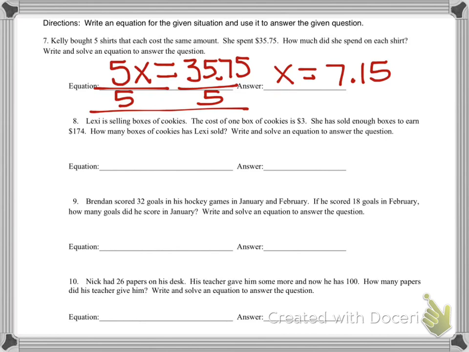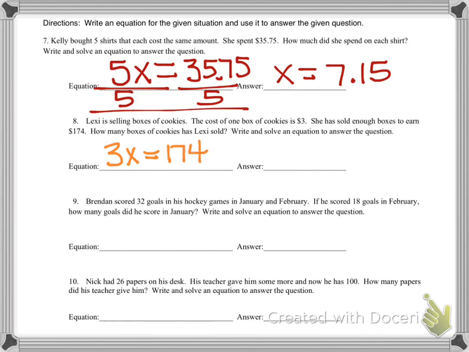Okay, next one. Lexi's selling boxes of cookies. The cost of one box of cookies is $3. She sold enough boxes to earn $174. $3 times the number of boxes, which I don't know, is equal to $174.